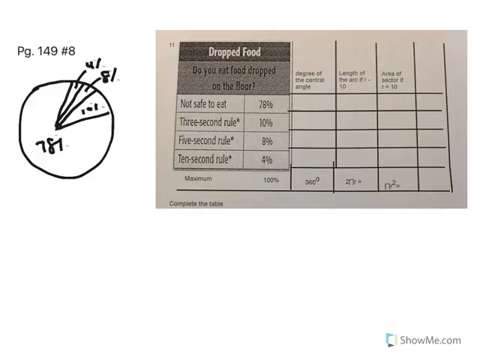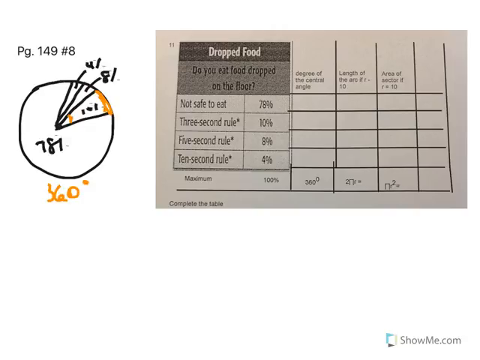It's asking us to compare percentage points to the 360 degrees that are in a circle. So we need to set up ratios in order to find how many degrees are in the angle that makes up this percentage piece. Okay?